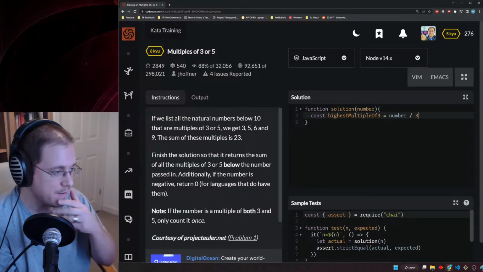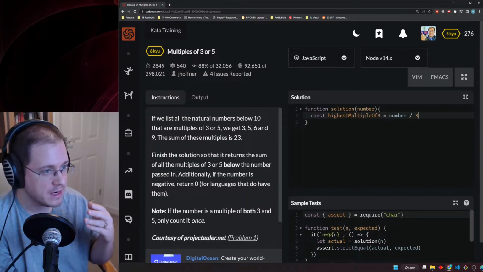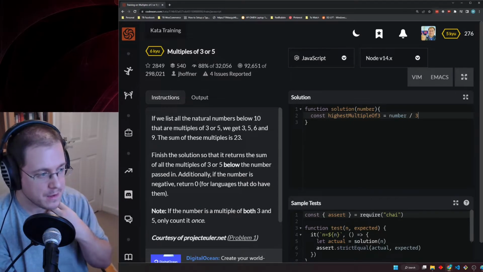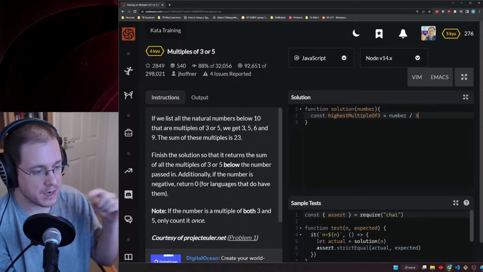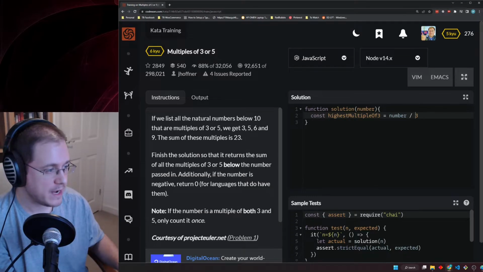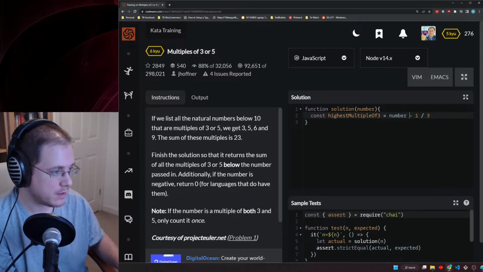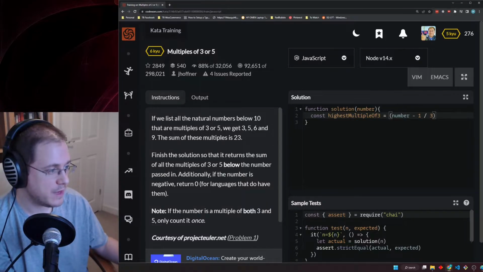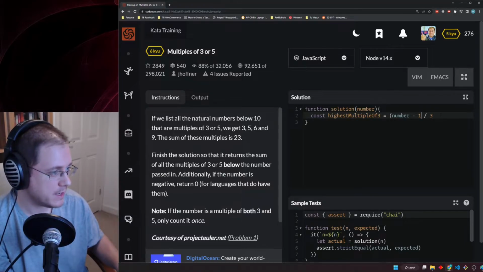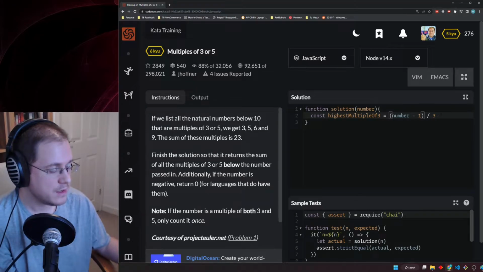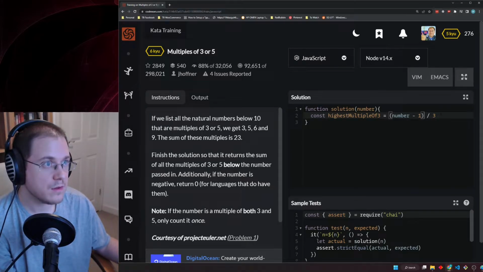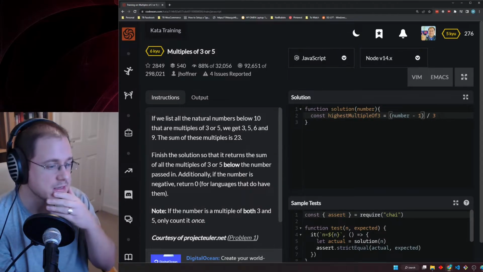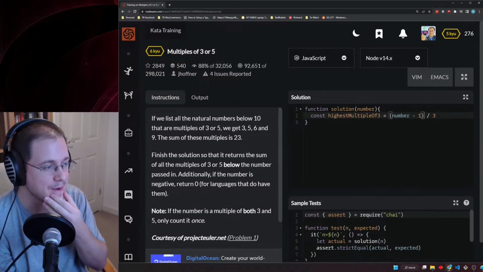But the problem with that is if you had 3, for example, the highest multiple would be 3, but we want it to be below that number. So we actually have to always do -1 and take the multiple there. So if we passed in 6, for example, we wouldn't want to include 6 because it's not below the number.